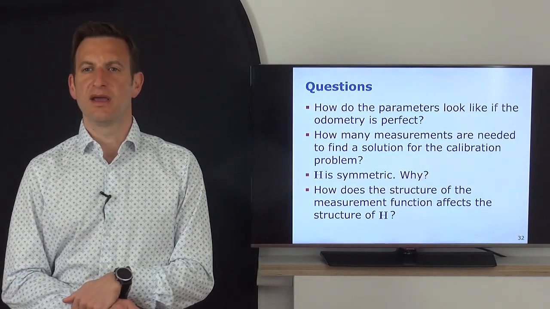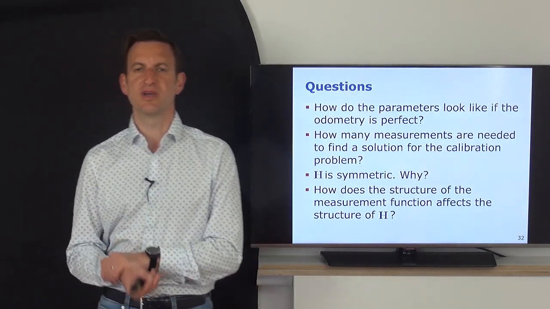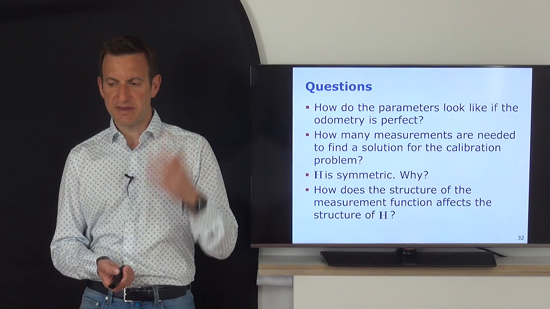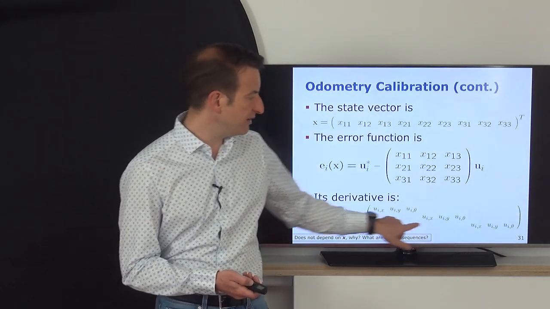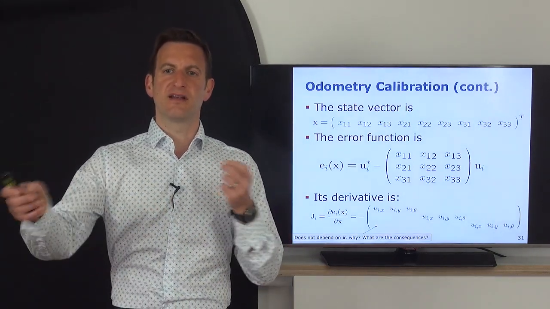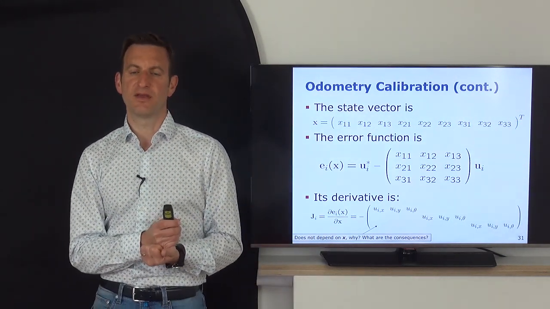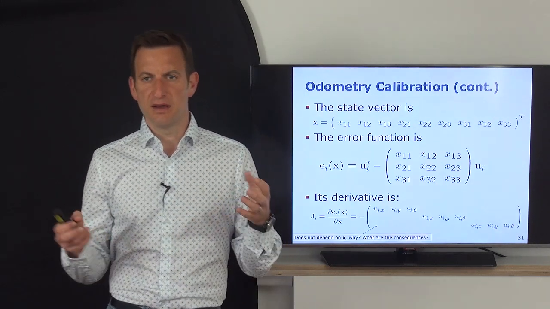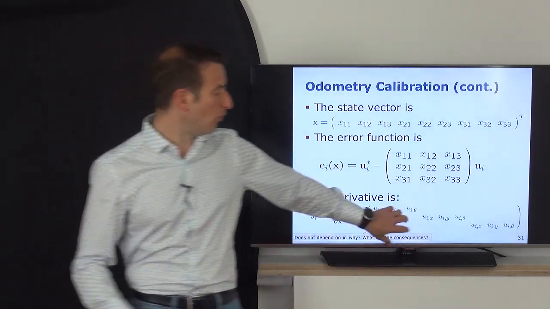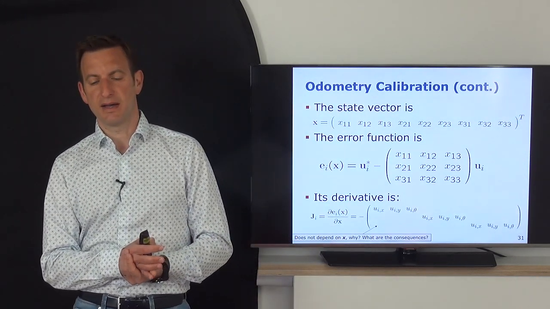And then the last question is, how does the structure of the measurements actually affect the structure of H? That's something which may not be very clearly visible, but what you can maybe guess if you compute those Jacobians, and we have seen here a lot of elements in this Jacobian are 0. If the elements in the Jacobian are 0, that means there is no impact of this observation on a certain parameter in my state space. And so, the more a measurement tells me about all my state variables, the more densely populated these Jacobians will be, and this has a direct impact on my H matrix.